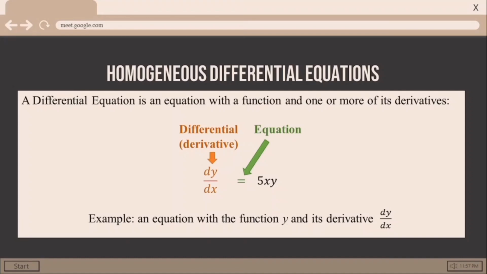I think the determining factor is this derivative, dy over dx. Every time you see dy over dx, that equation is automatically a differential equation.